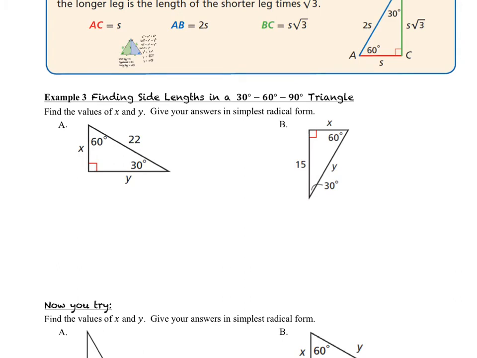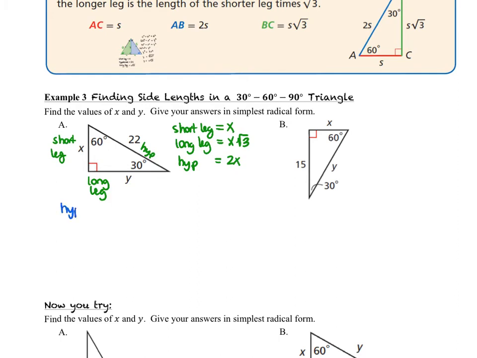Let's start by labeling our triangle. We know that this is the hypotenuse. We also know that this is the short leg, and this one is the long leg. Now let's recall what the relationship is, where the short leg equals x, the long leg is equal to x times the square root of 3, and the hypotenuse is equal to 2x.